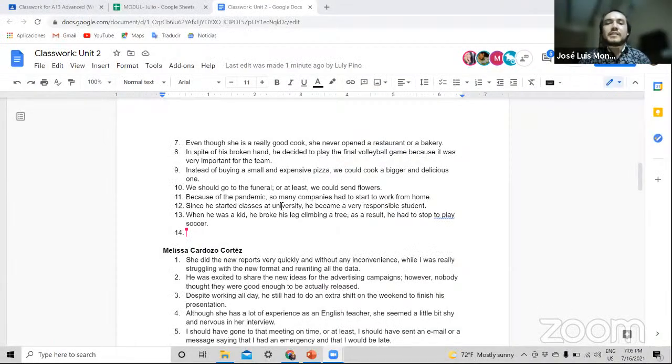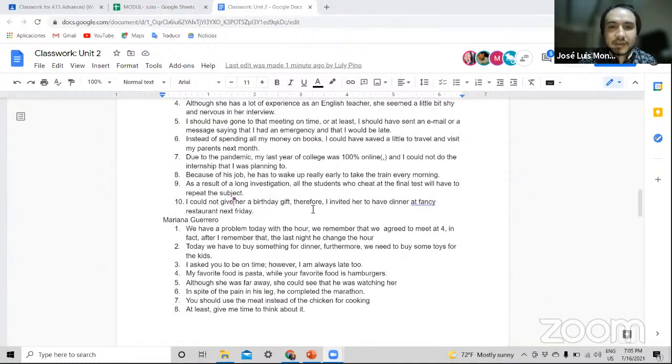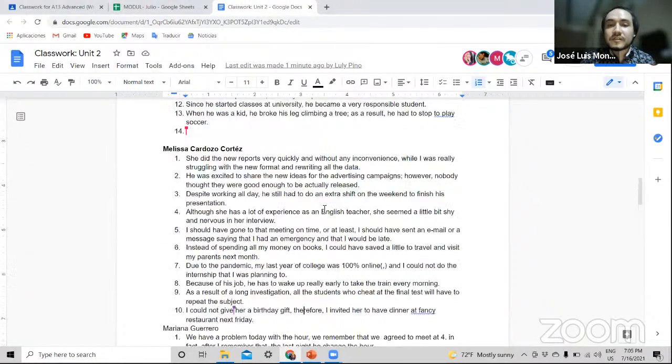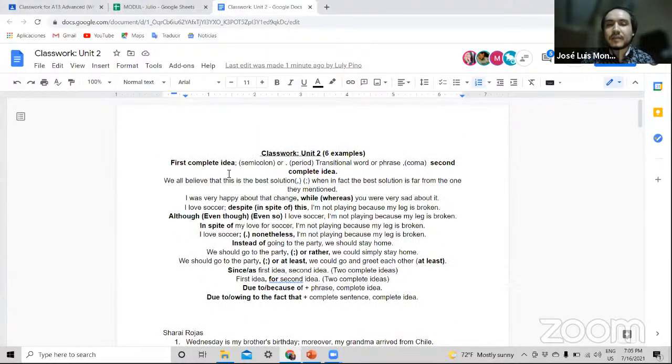Great, thank you, Melissa. Now, some observations that I'm going to tell you over here. The first big one that I saw is this one, right? So if we use therefore, remember that for all of them, we have to use the first formula, right? If the transitional word is in the middle, you only have two options, semicolon or period, okay?